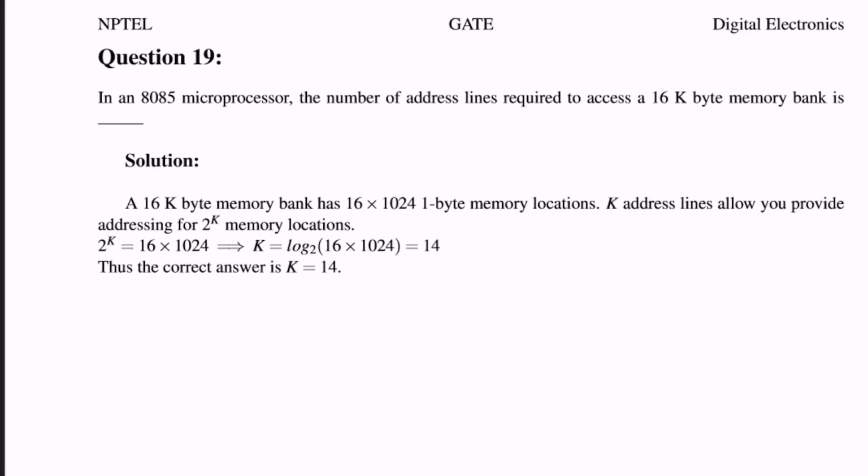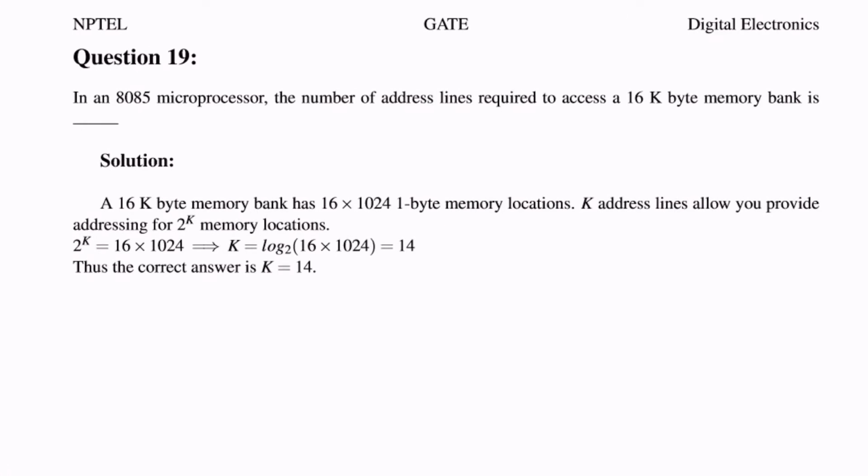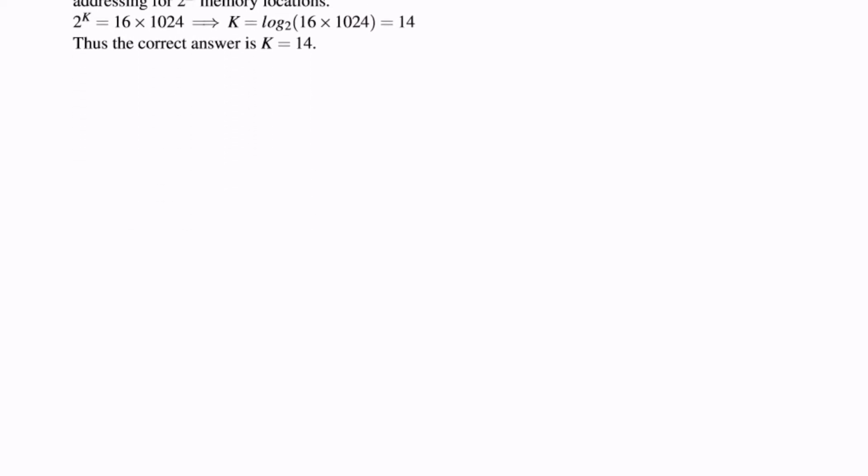In this problem, we require knowledge about memories. So a little bit of background first. Memory is a data storage device, right? So the idea is that there is an input and output bus.